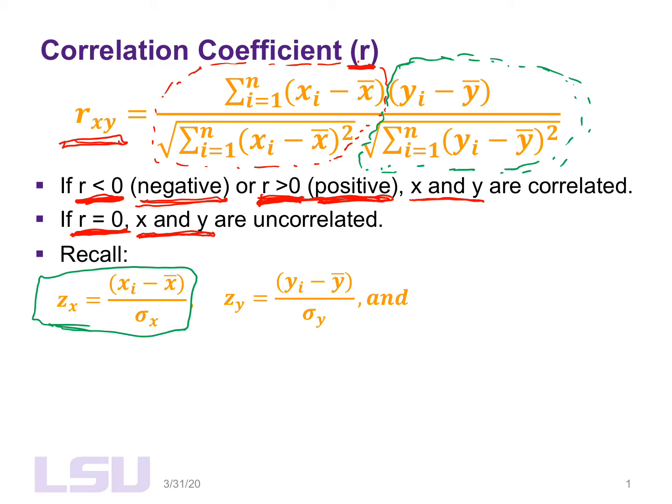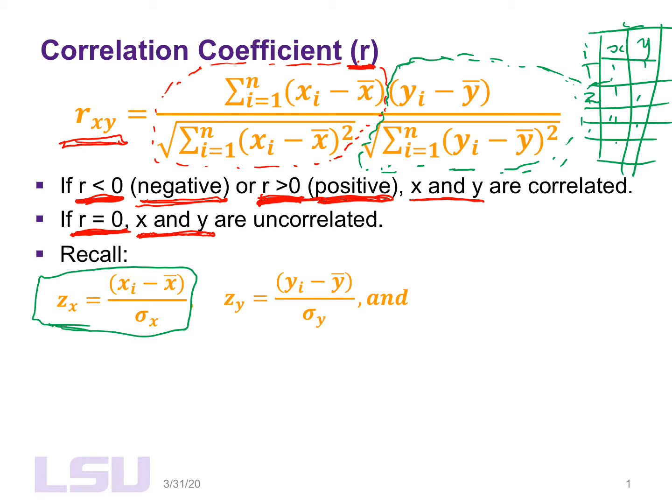So if you have data in this format, X and Y, with all sorts of I's, so I is 1, 2, 3, and you have lots of data in that form, you normalize each of the X's by doing a z-score transform this way.